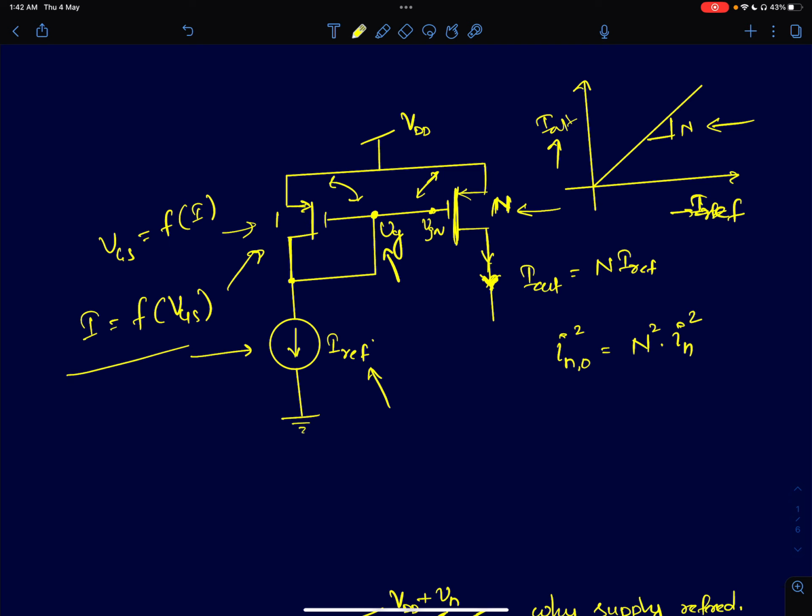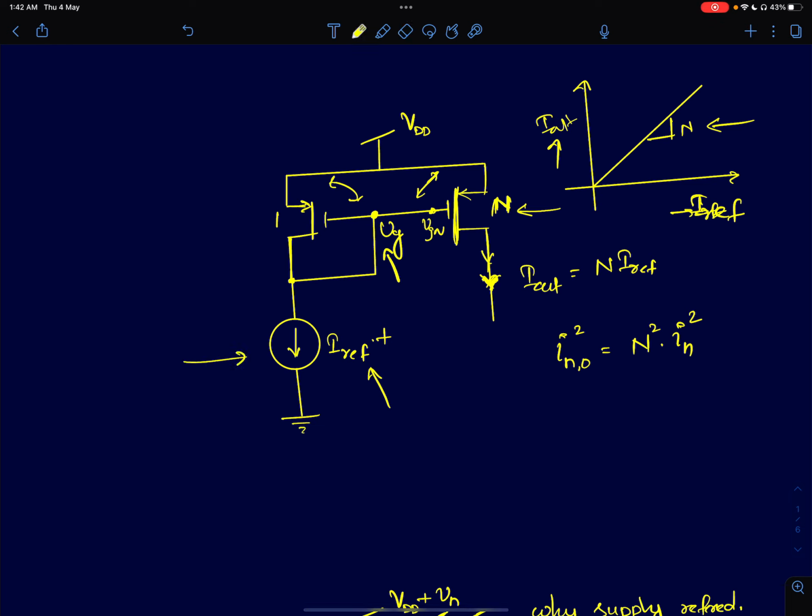Now, one thing to keep in mind is that this current mirror is a non-discriminative current mirror, meaning it will just multiply whatever the reference current is by a factor n. So if the reference current has some noise In, the noise also gets multiplied by the same value. Therefore, the noise power at the output, INO square, is n square times In square, where In is the input reference noise.